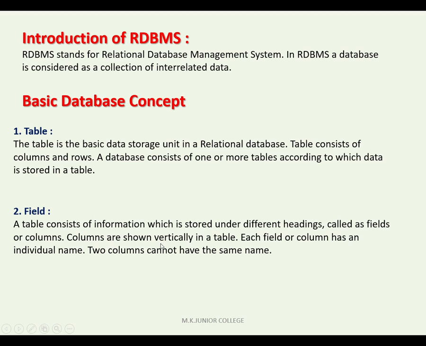Columns are shown vertically in the table. Each field or column has an individual name. Two columns cannot have the same name. So while creating a structure, two fields cannot have the same name. Fields are nothing but the means with which you store the data in the table.